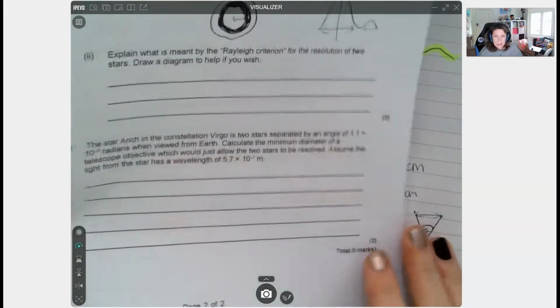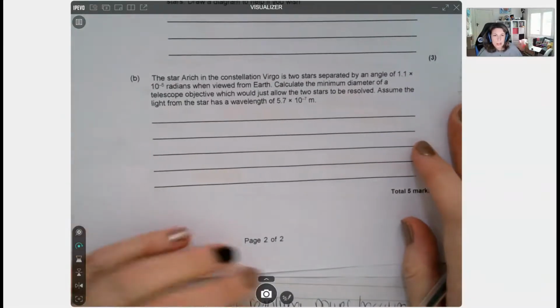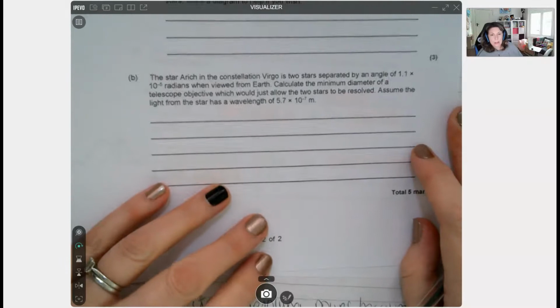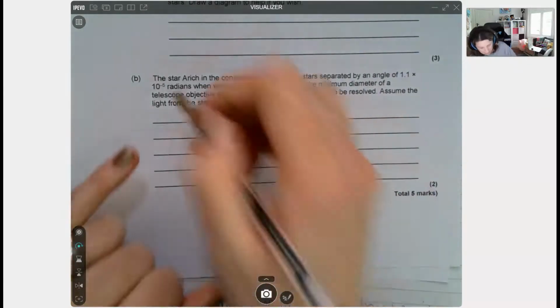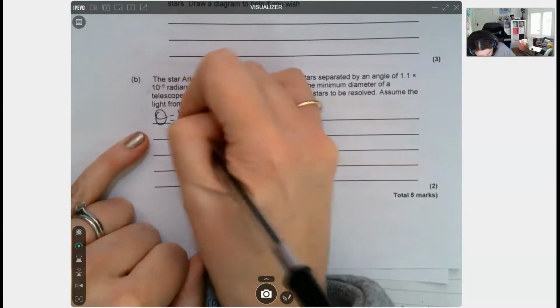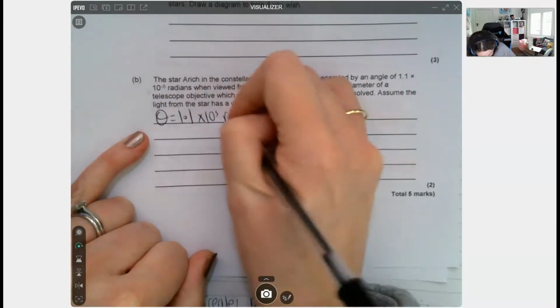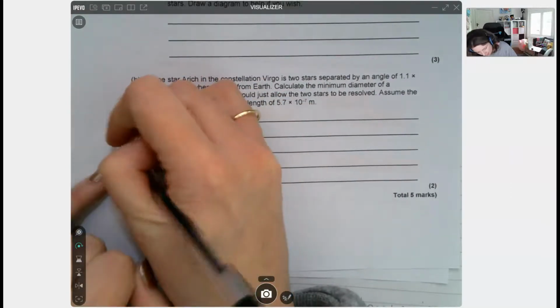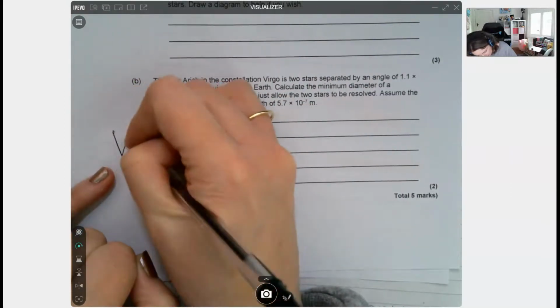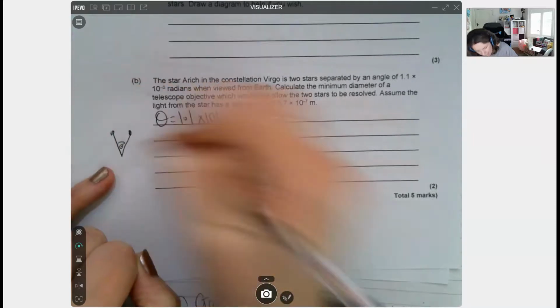And then it says a star Alpha Virginis in the constellation Virgo is two stars separated by an angle of 1.1 times 10 to the minus 5 radians when viewed from Earth. So that's that angle there.